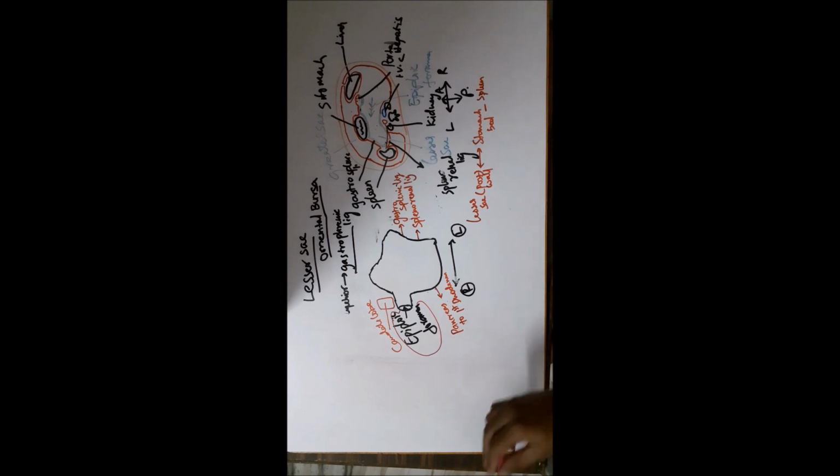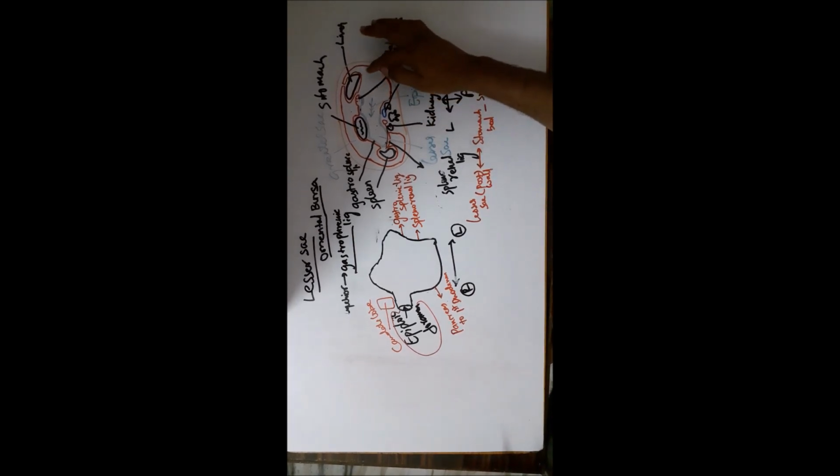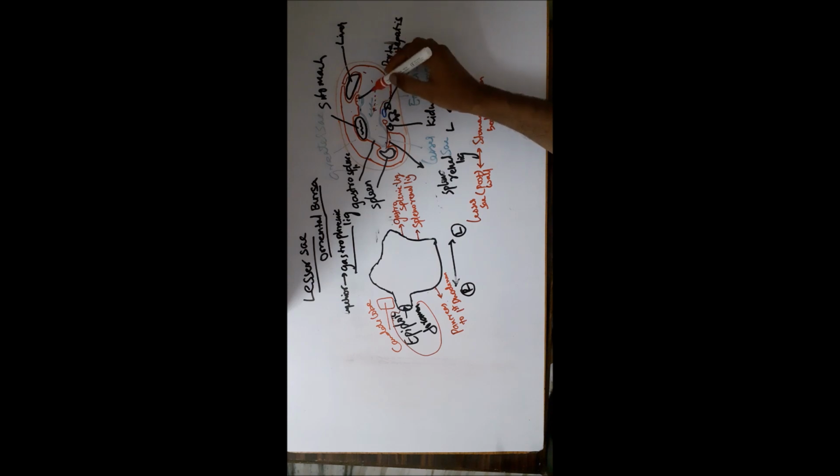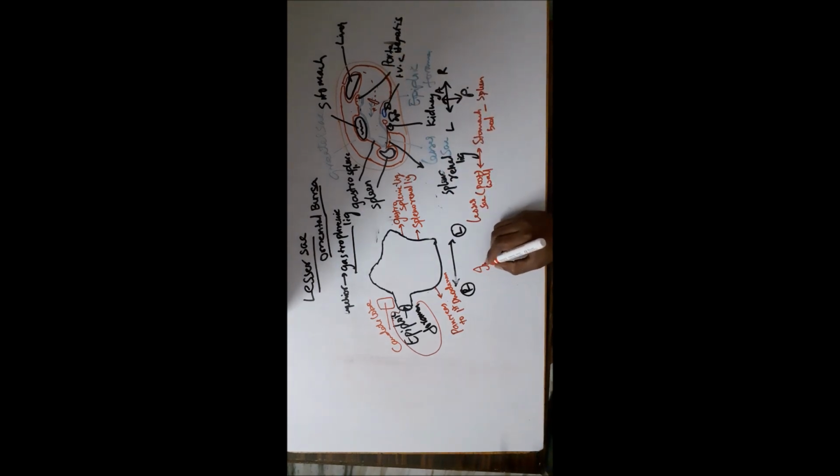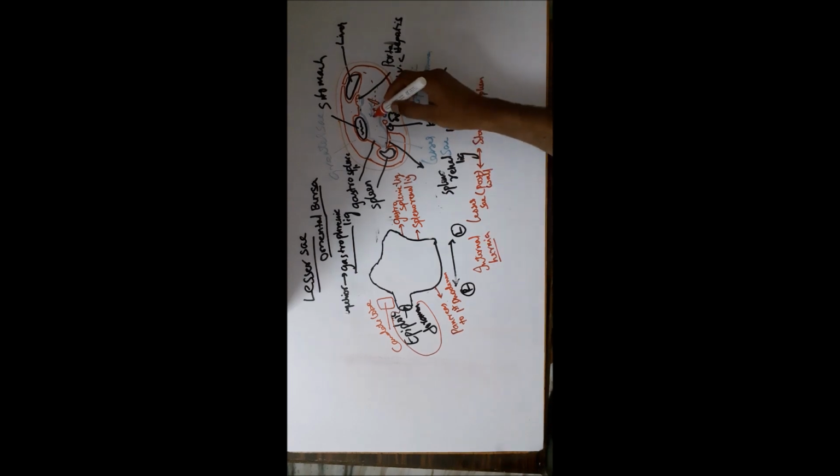Now what is the peculiarity of this? Sometimes contents from the greater sac may try to enter into this lesser sac via this epiploic foramen. This we call internal herniation. Maybe some loops of the intestine may go and enter into that.